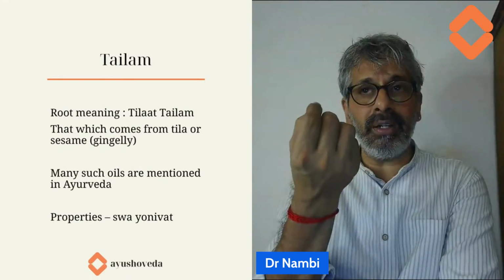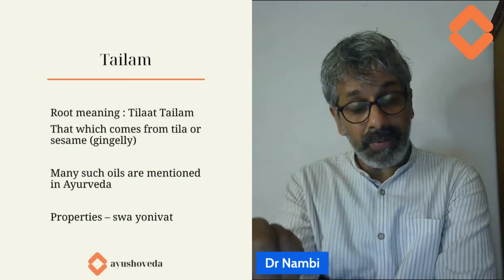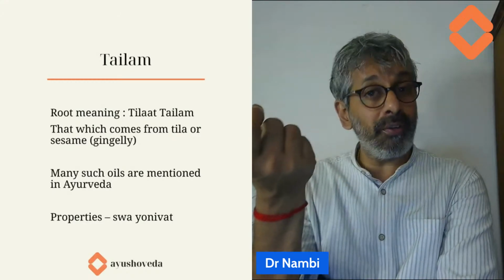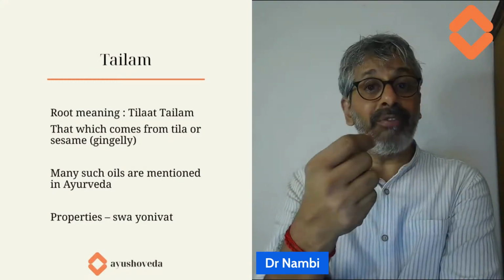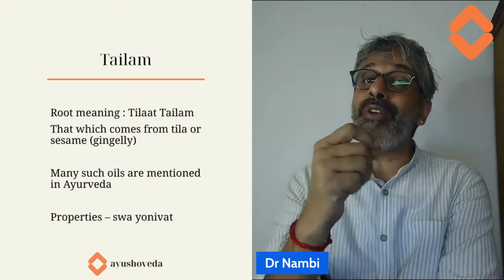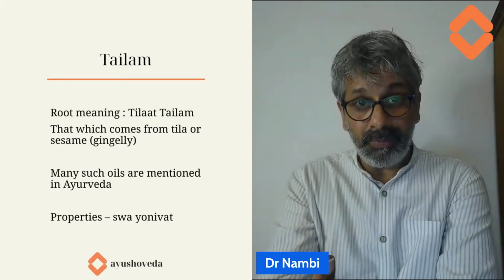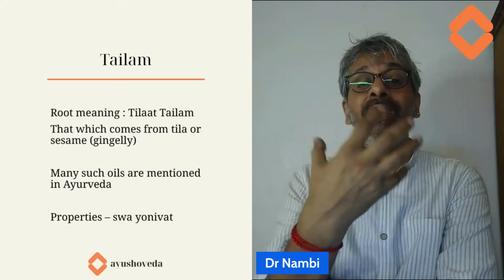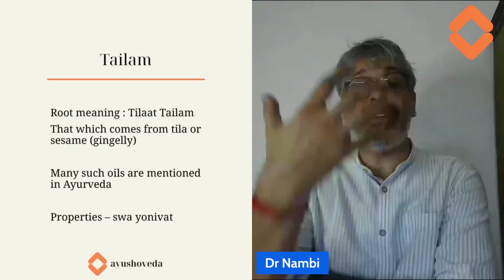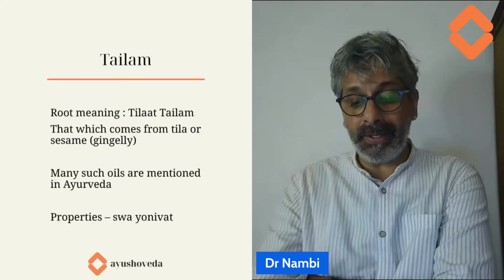Sesame oil will have the quality of sesame, mustard oil of mustard, coconut oil of coconut. Whichever yoni it originates from, it will have the properties of that dravya. That's what we mean by that.